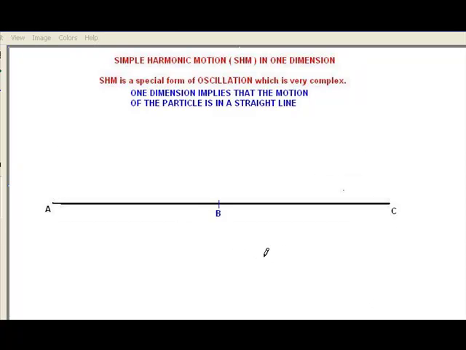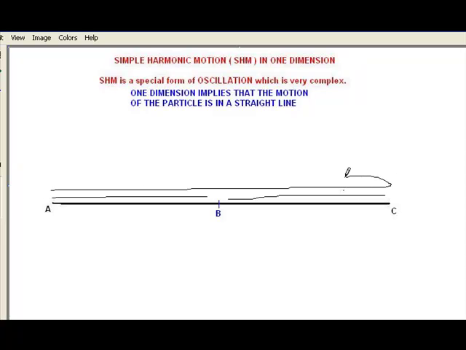Now the next feature which is very important in a simple harmonic motion is this. Say for example we divide this entire path from A to C into two equal parts at B, which means that AB is equal to BC. Then we start timing this particular motion as the particle moves from A to C and back to A. Then we find something rather interesting.